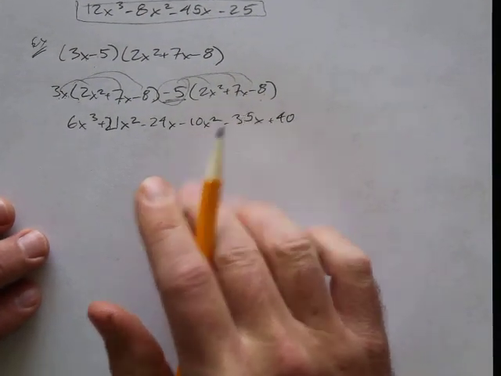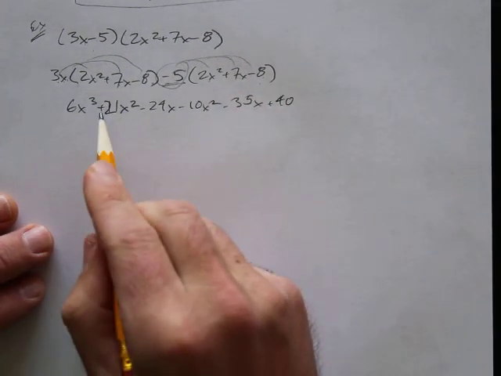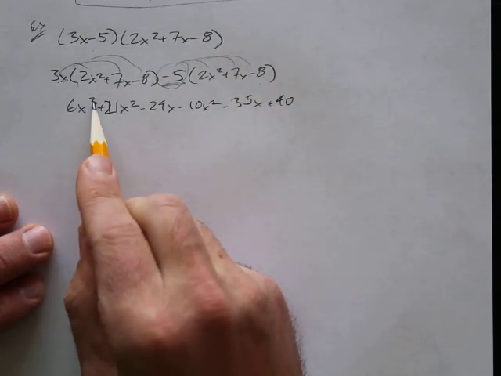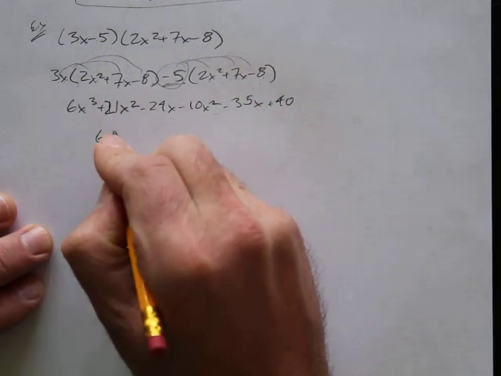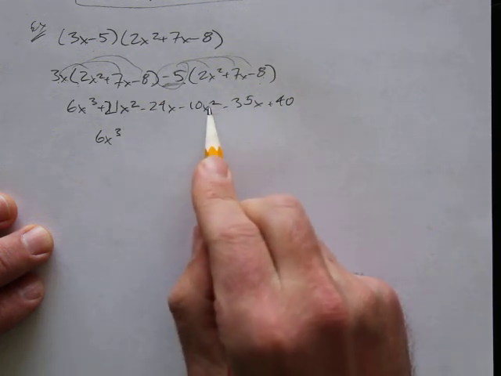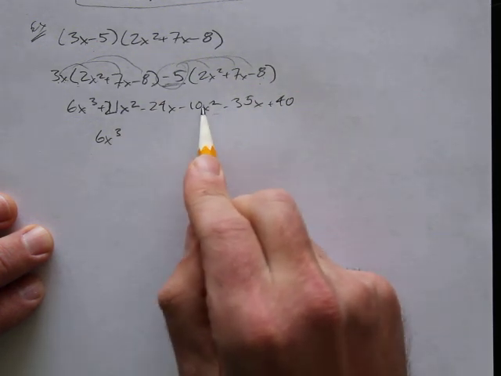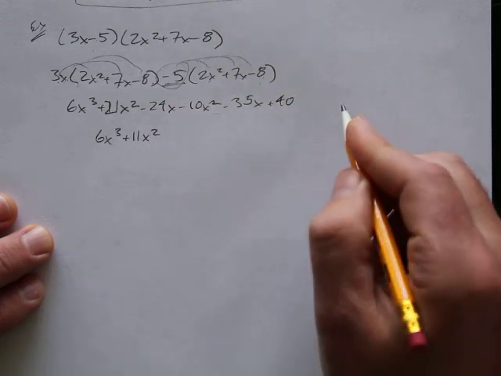All right, now let's see if we have any like terms. I don't know why I keep saying common terms. X cubed, I don't have any other x cubes, so 6x cubed gets to stay. X squared and another x squared. Okay, positive 21, negative 10, that'll give me a positive 11x squared.